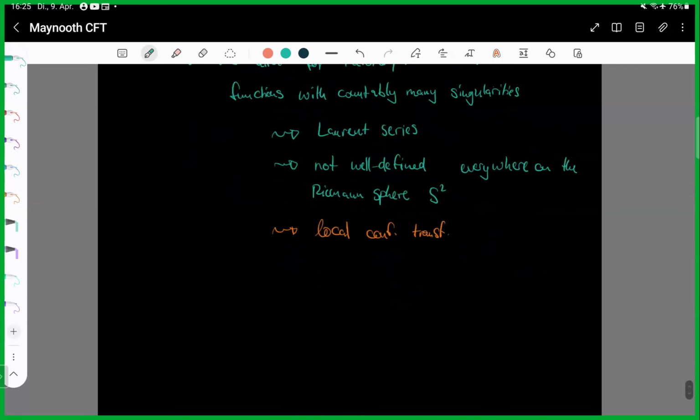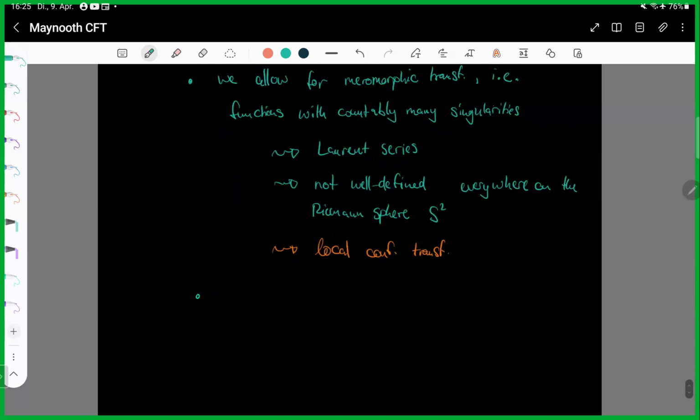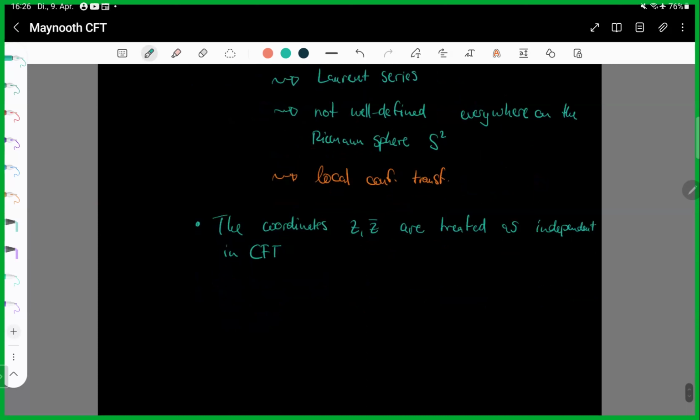So this is a bit off topic, but it's a good point to make this comment. Usually, the coordinates z and z bar are treated as independent in CFT. And you will say, well, that's odd. And it is odd.